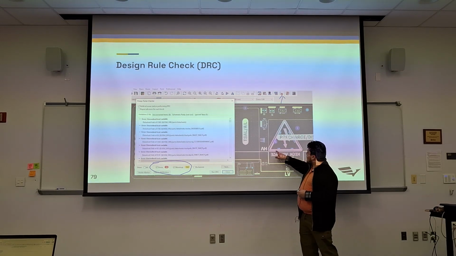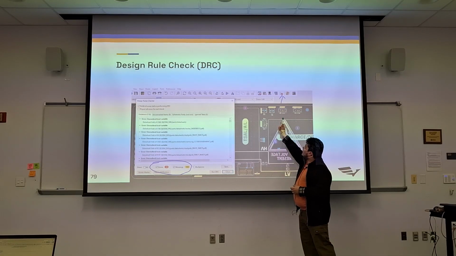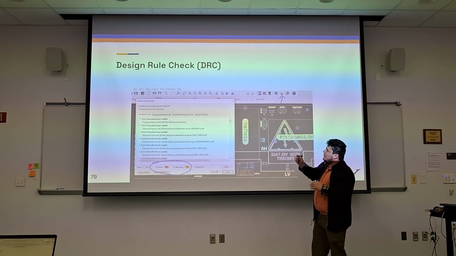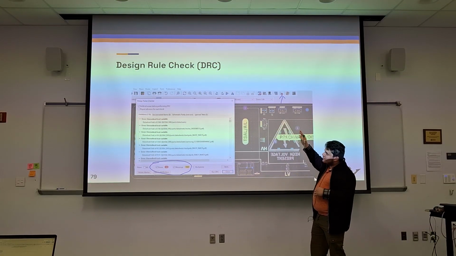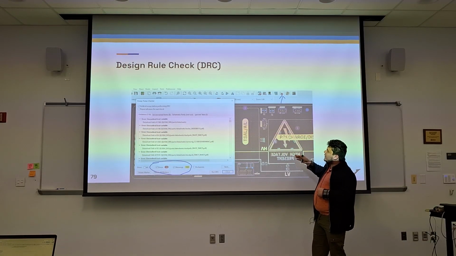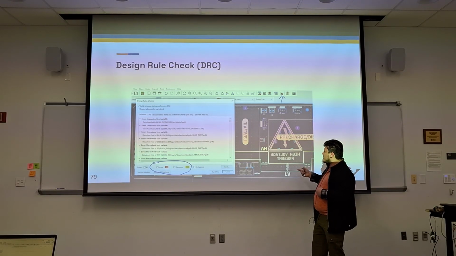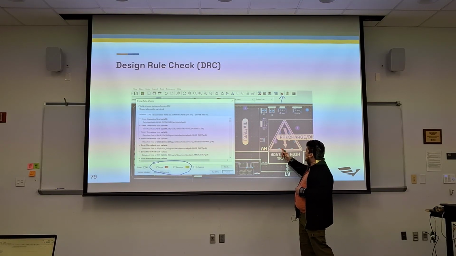Here it's showing where the DRC violations are, but I don't trust them too much. Ideally you should be doing this as you go through the design, but especially at the end, to make sure you don't have any manufacturing errors.